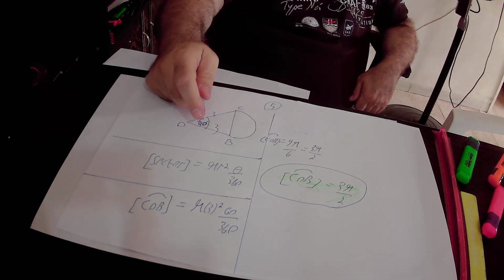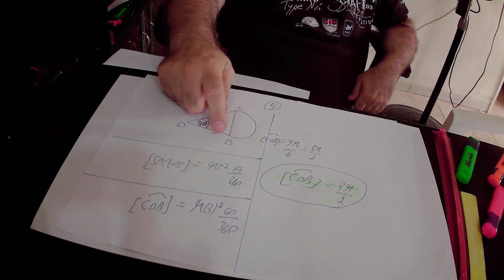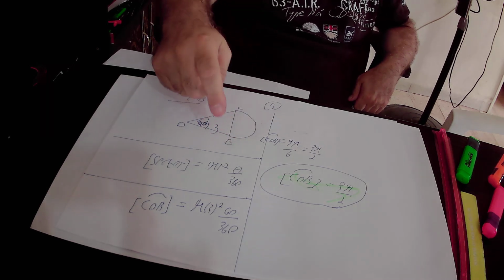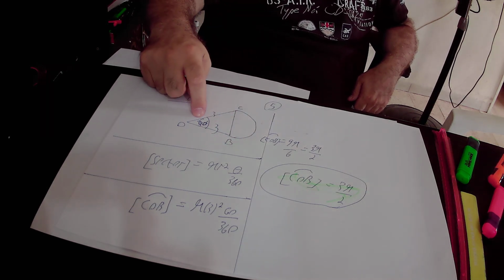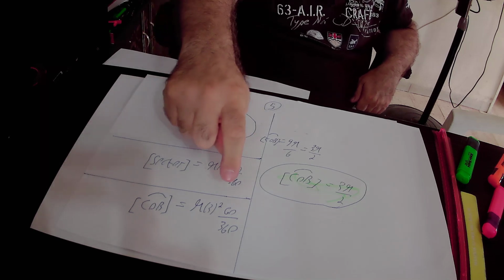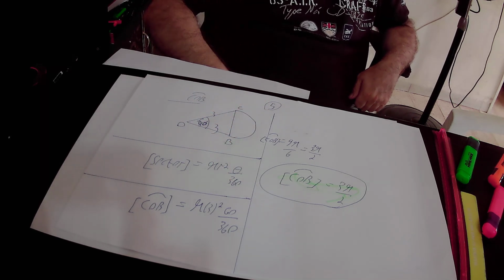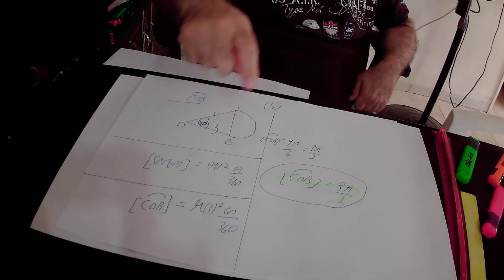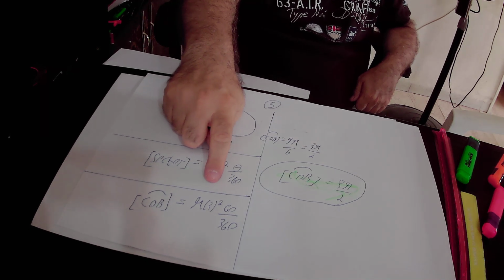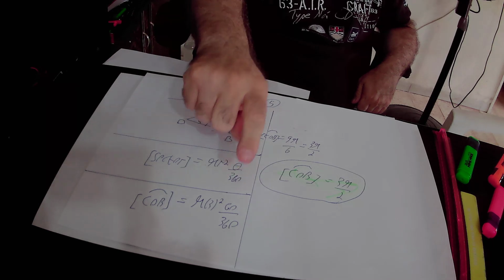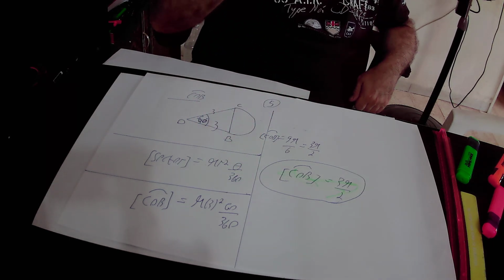So the area of sector COB will be equal to pi r square. R is 3, so pi r square is pi 3 square. The angle between the legs theta is 60 degrees, so it is 60 degrees over 360 degrees. 3 square is 9, so in total this expression equals 9 pi. And 60 degrees over 360 degrees is 1 over 6.